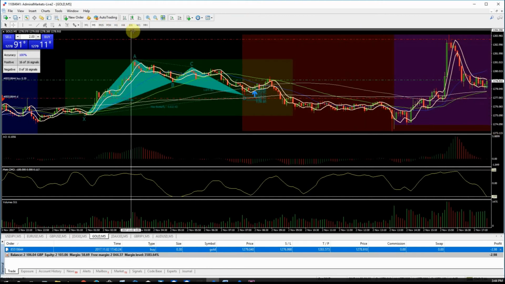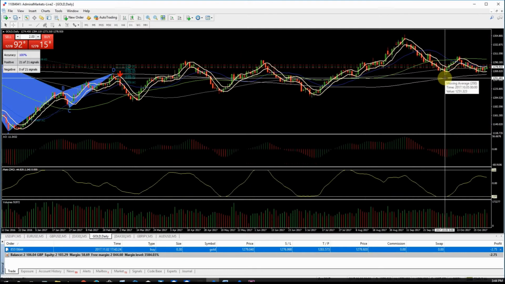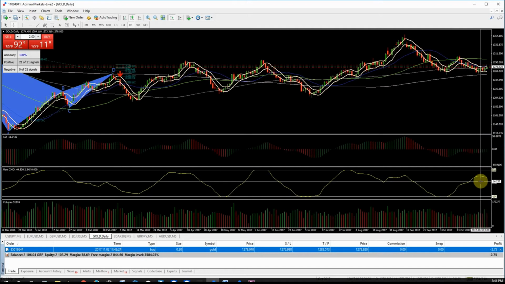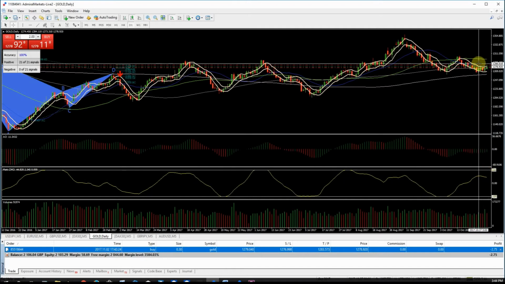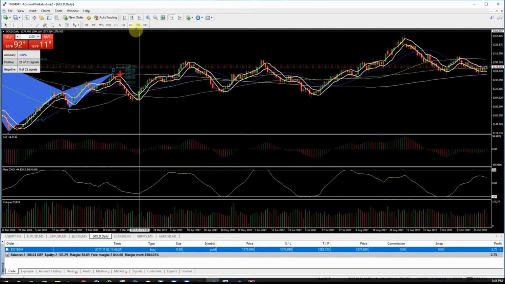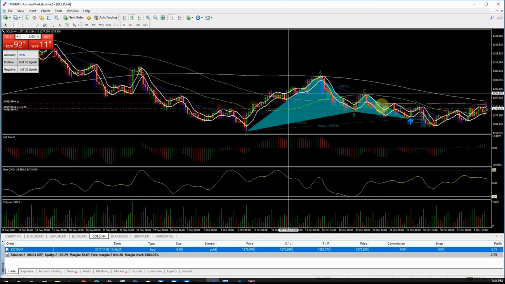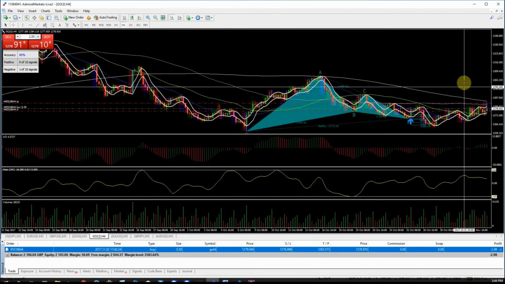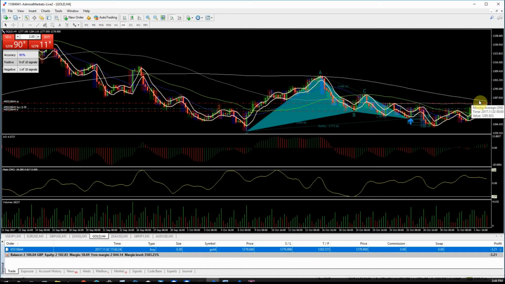I'll just go through some of the analysis with regards to that. So on the daily chart, we've got this sort of positive rolling up of the awesome oscillator. I'm also looking for the CMA just to come up a bit more. On the 4-hour chart, the only thing I don't like is we've almost done a kiss of this 200 period moving average, and it's not quite touched it.